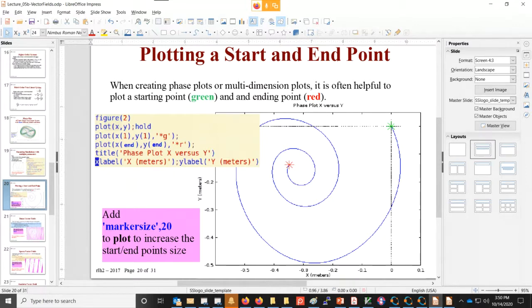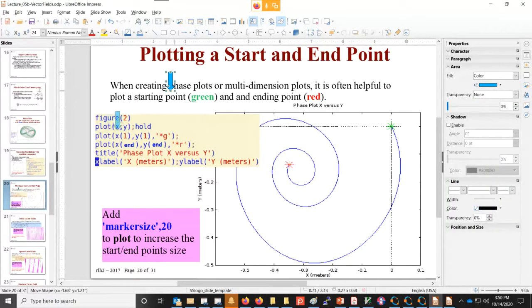You see the plot X(1), Y(1). I'm plotting a green asterisk. So at this one point, I'm just putting a green asterisk there as a marker, showing you this is where I started. And then at my ending value, I'm plotting a red one.